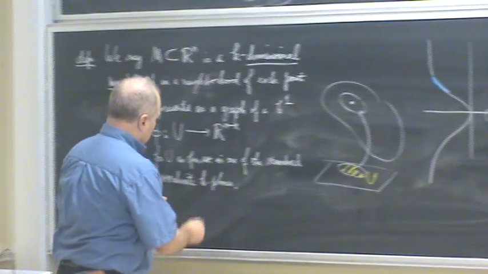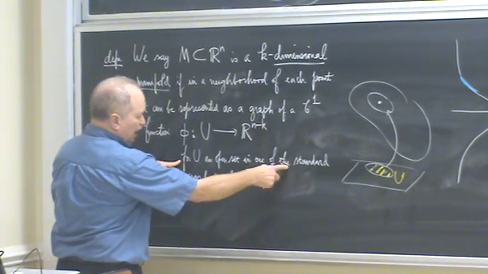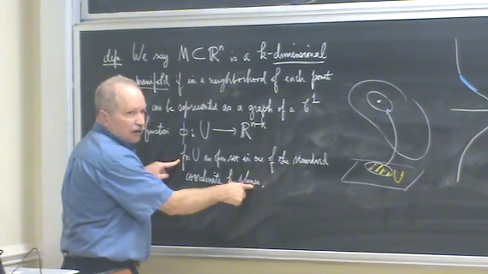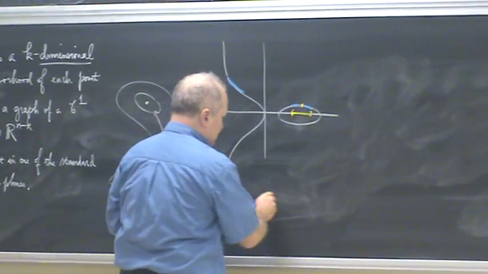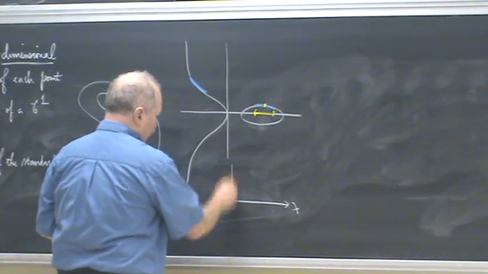So in this case, the x-axis is one of my standard coordinate 1 planes. If you're in R2, you have 2 coordinate axes to choose from. You have x and you have y.